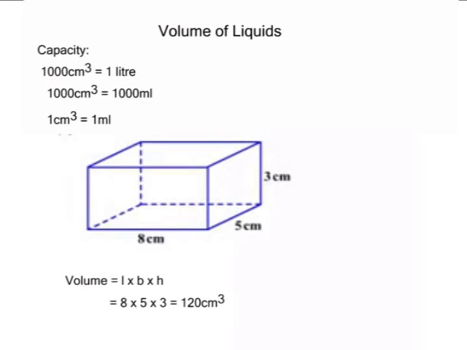Another conversion to always remember is that 1 meter cubed is equivalent to 1000 liters. A vessel with a volume of 1 meter cube will hold 1000 liters of a liquid when full.